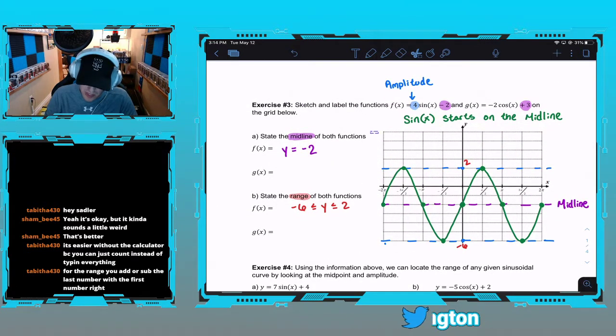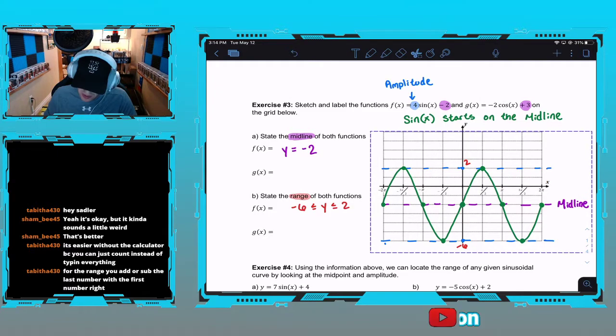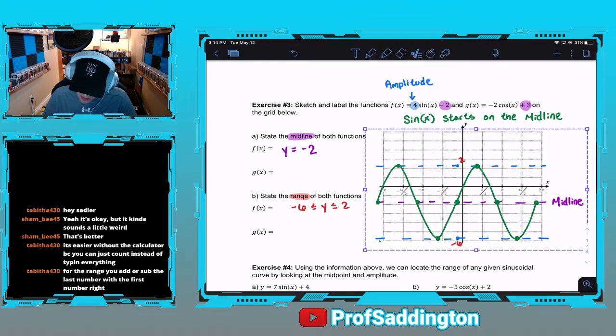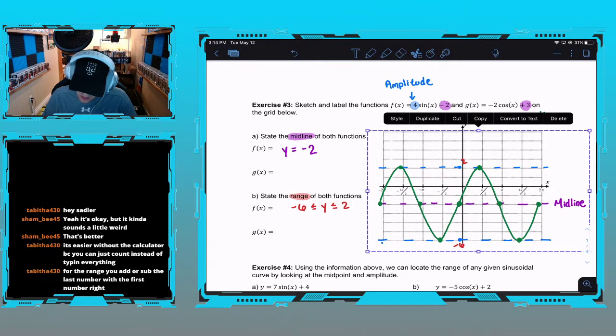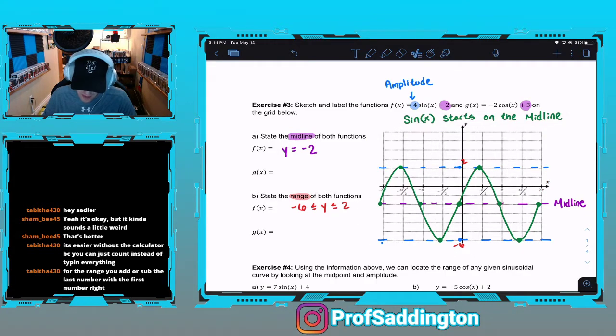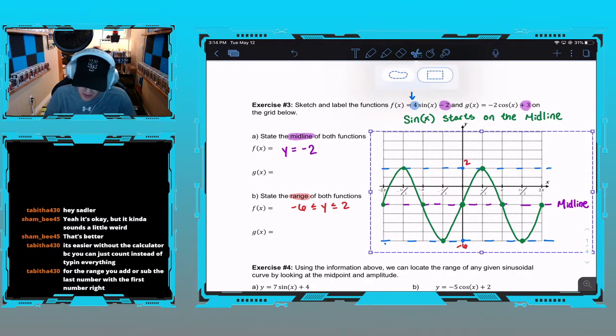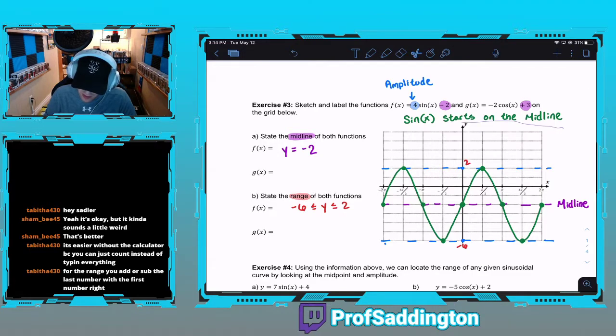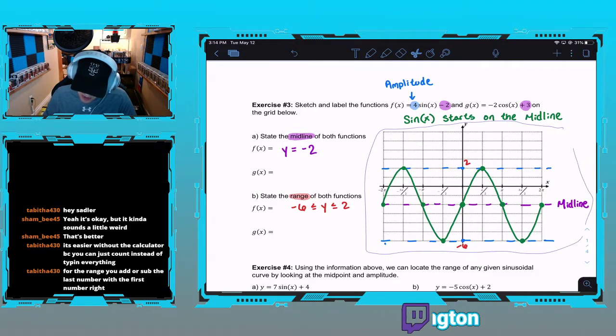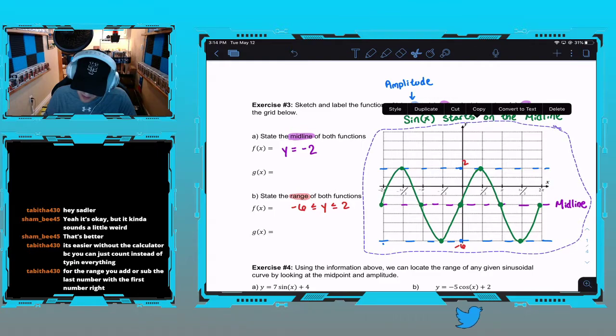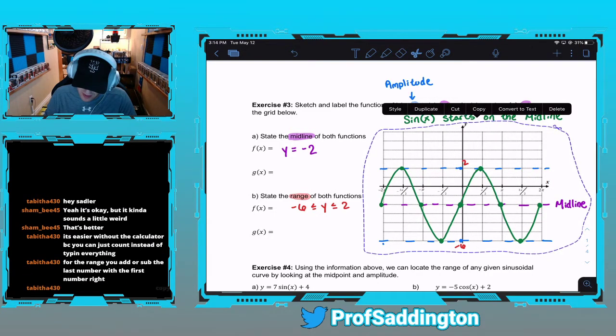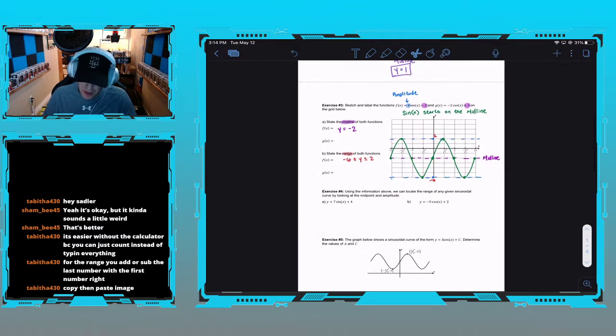Isn't there a way that I can copy the grid too? Convert to text, style, no? Undo. Can I copy the whole image? Am I not allowed to do that? Well, that stinks.